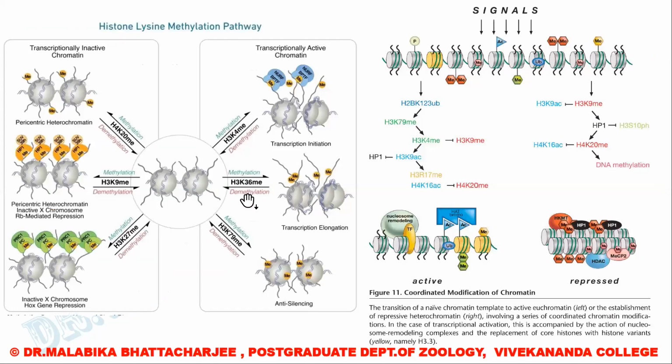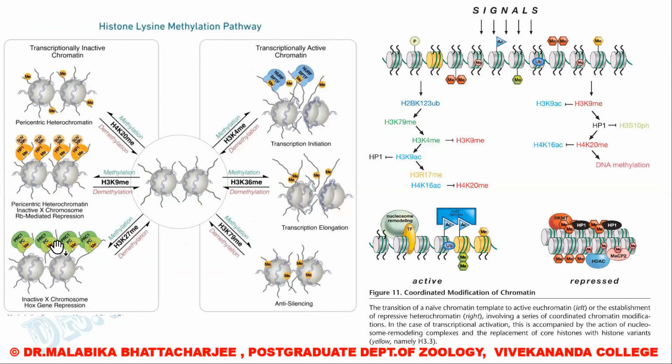So this is a summarization of the histone lysine methylation part. This is a histone molecule. And depending on the structural modifications, you see that the same histone molecule has different functions. This is the polycomb region. PRC is the polycomb, PC is the polycomb group.